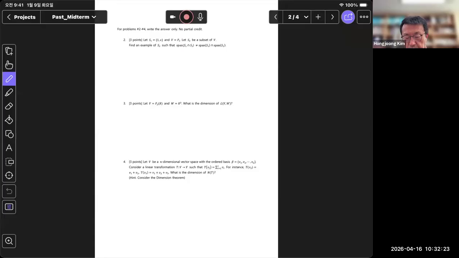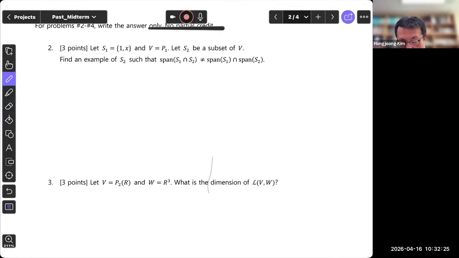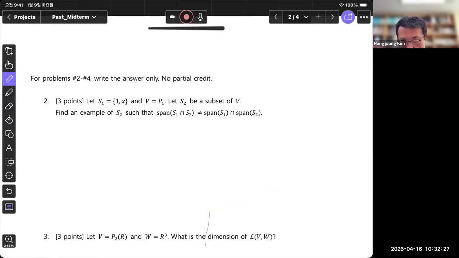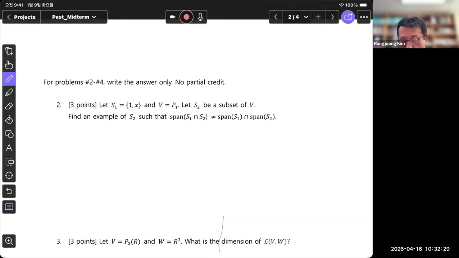Or I may ask you a question like this. S1 is defined and V is defined here, and S2 is a subset of V, and you can just provide any example of S2 such that this is satisfied.